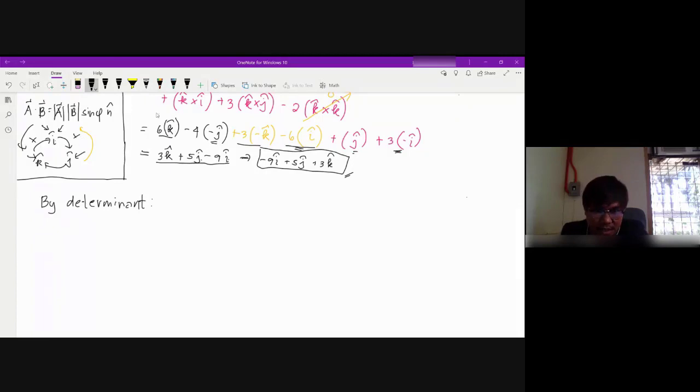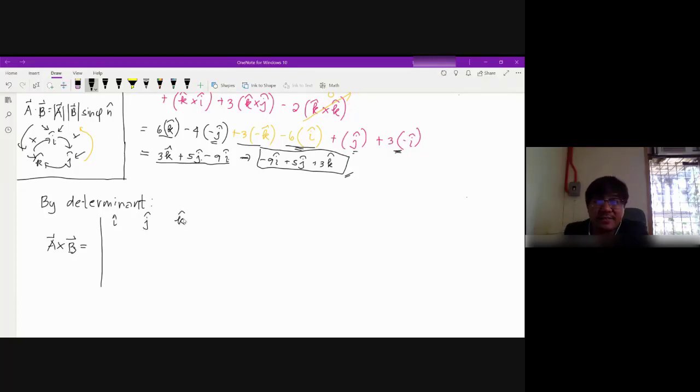So now, let's solve again those vectors, and let's take the cross product using the determinant method. So how do we use the determinant method? Create a matrix. First write the unit vectors: i hat, j hat, and then k hat.